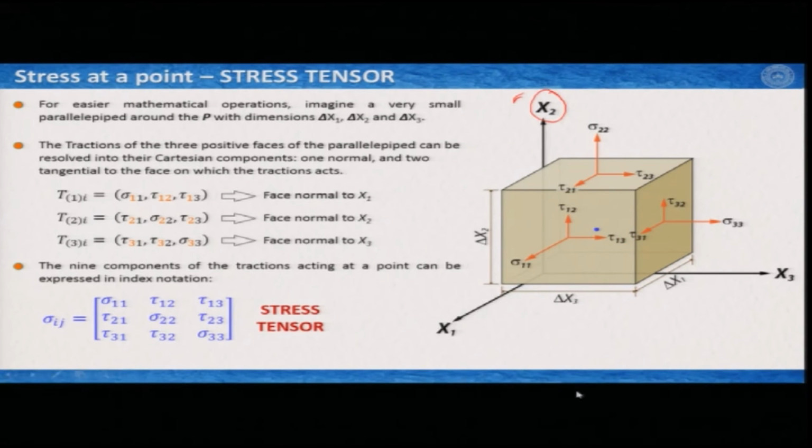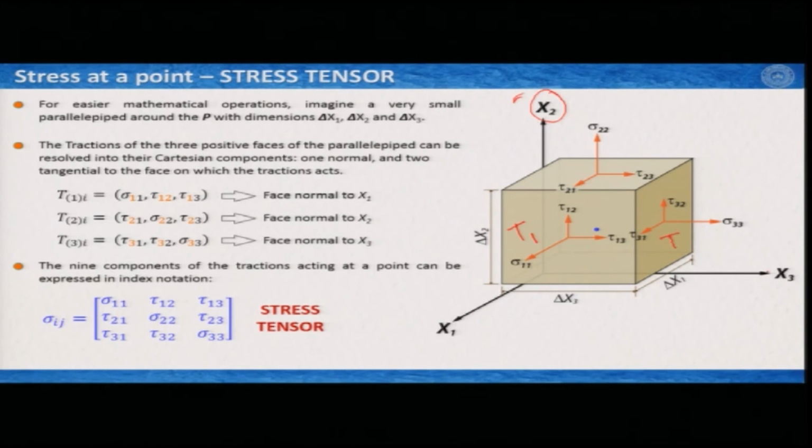So, if we now come back to our traction idea, on each surface we have traction. In this case this plane is perpendicular to x1, so here I can write T1, that means the traction working on the plane which is perpendicular to x1.